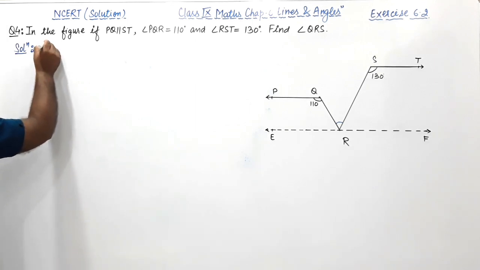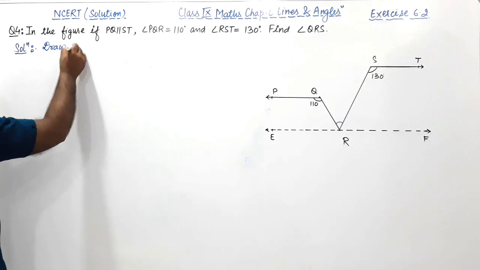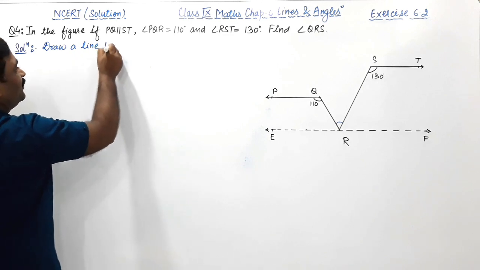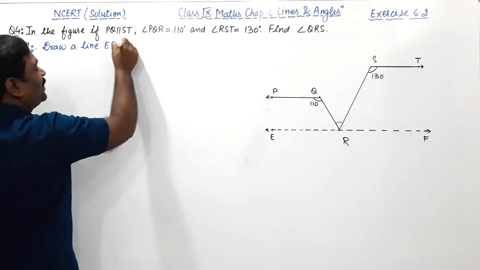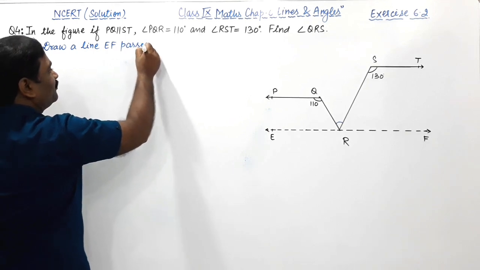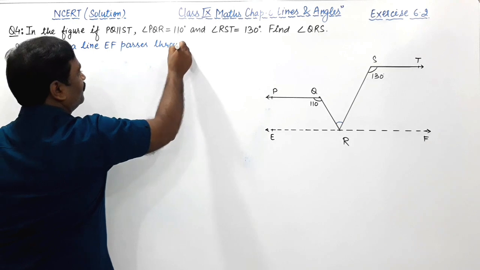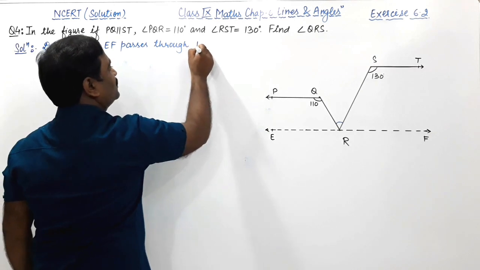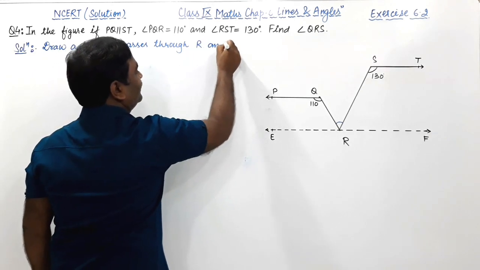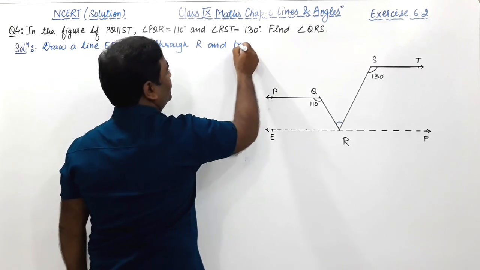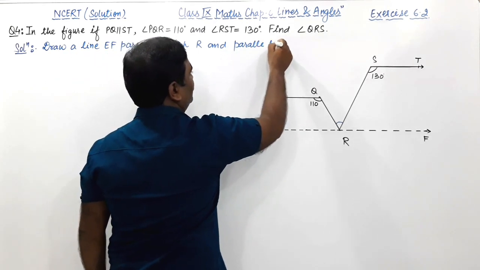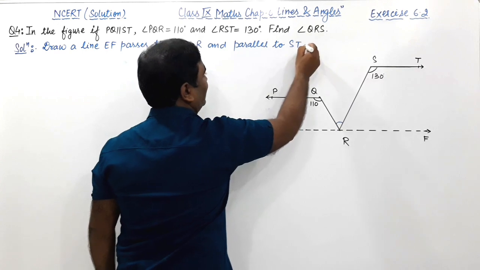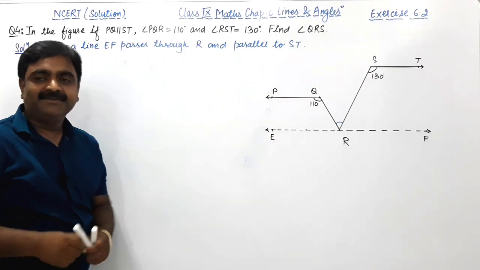Draw a line EF passes through the point R and parallel to line ST.